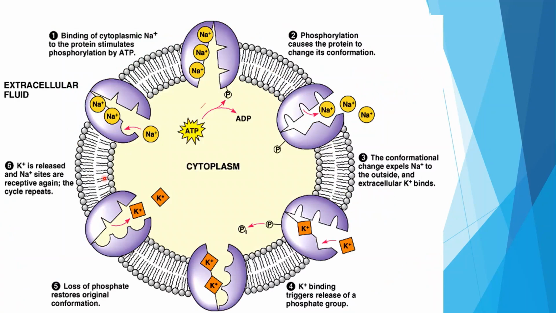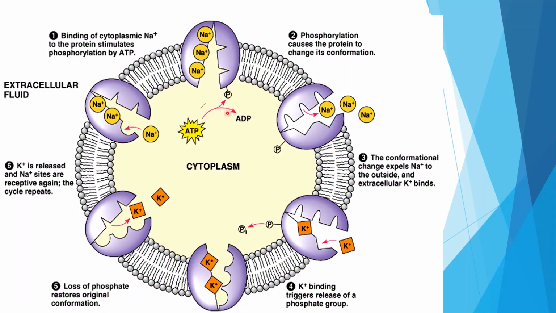Let me explain the active transport. The sodium-potassium pump maintains the gradient of the sodium ions and also the potassium ions across the plasma membrane. The first step is the binding of 3 sodium ions to the carrier protein, which stimulates the phosphorylation of the transport protein by ATP. The ATP undergoes hydrolysis and releases ADP and inorganic phosphate.